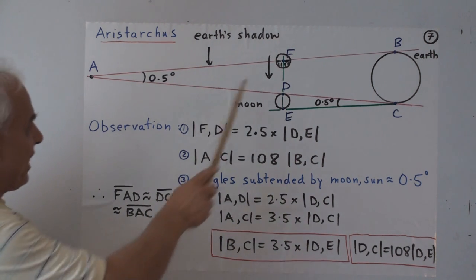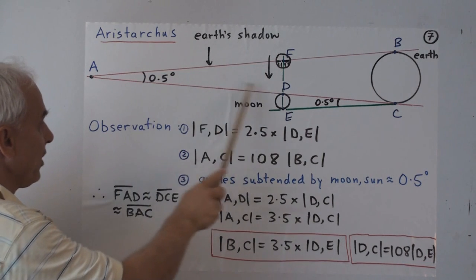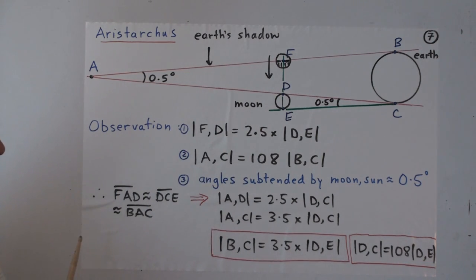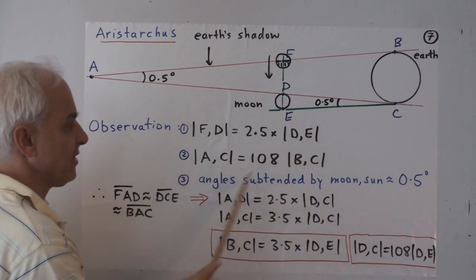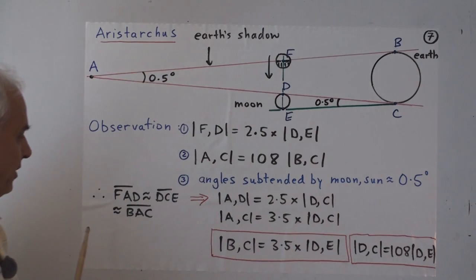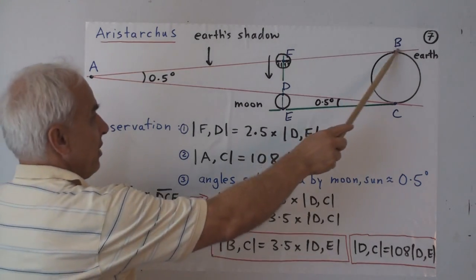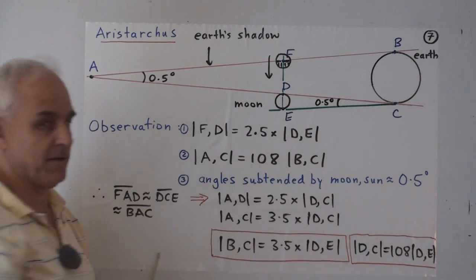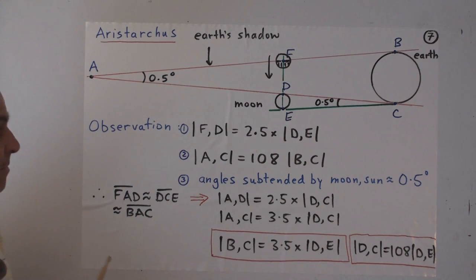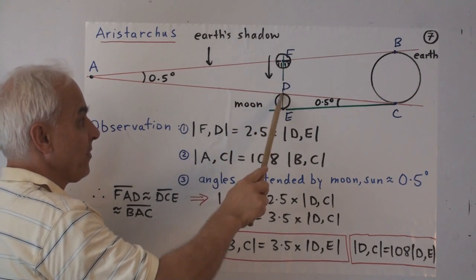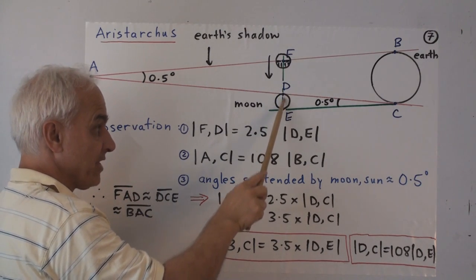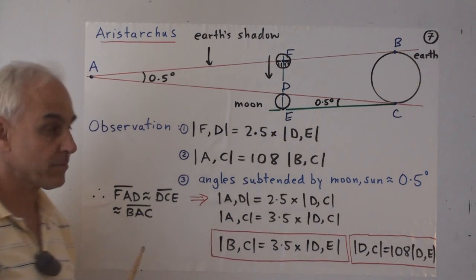The triangle FAD, here, here, here, that isosceles triangle, is similar to the triangle DCE. DCE, that's another isosceles triangle with the same angle, which is similar to the triangle BAC. But what we know is that this side of this triangle is 2.5 times this side of this triangle.